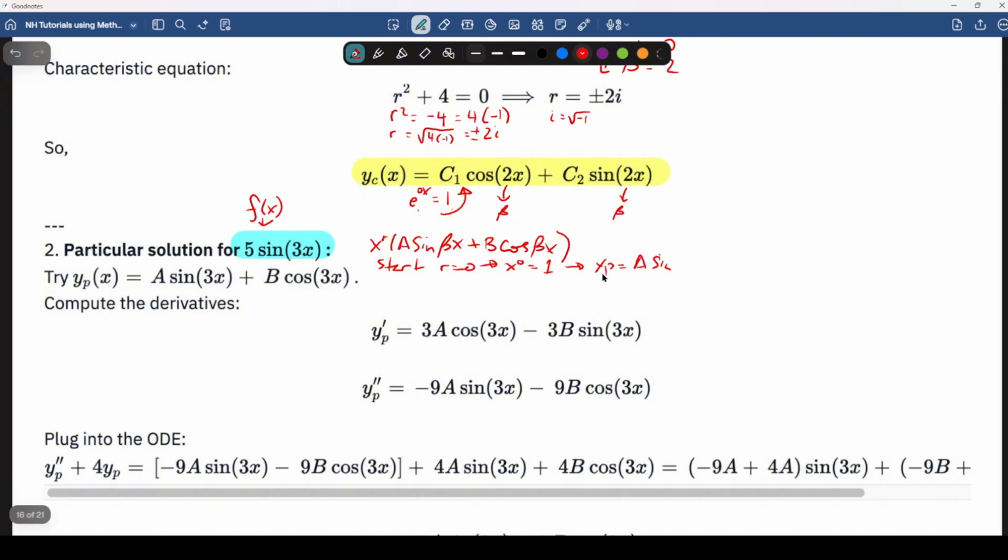Our yp is not the same as the beta from here, which is coming from the homogeneous part. This is beta from the homogeneous equation, whereas here the value of beta is defined by the f of x.